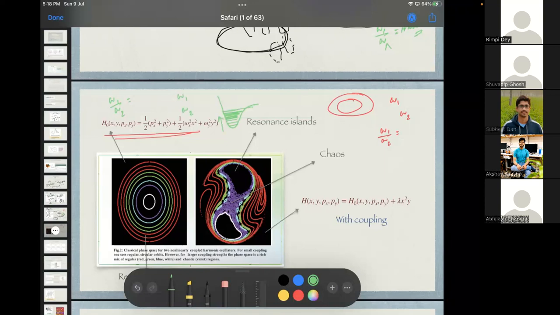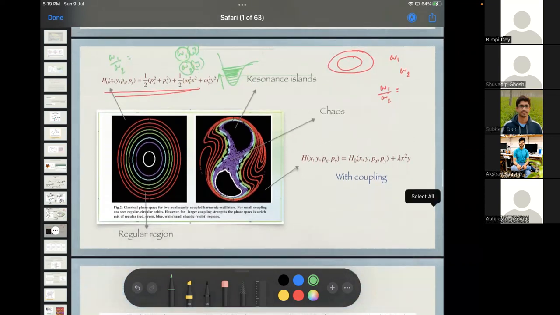You know this. So for the nonlinear oscillator case, let's say the Morse case, omega 1 and omega 2 will depend upon energy, so it will be a function of J. J means energy; action typically corresponds to the energy. Now, before that, this is what the phase space looks like for an uncoupled harmonic oscillator.